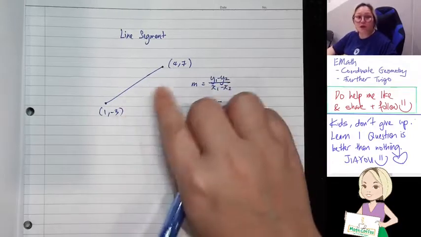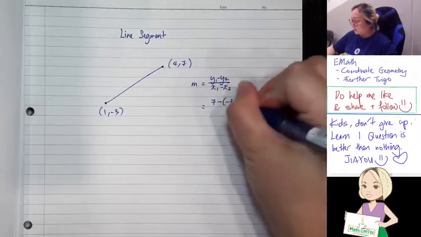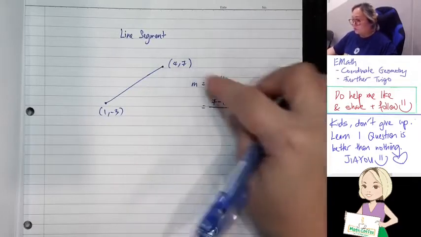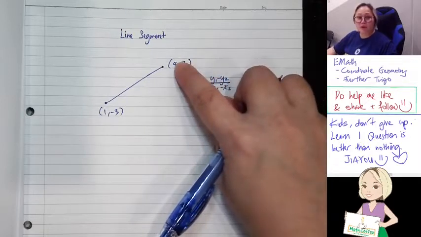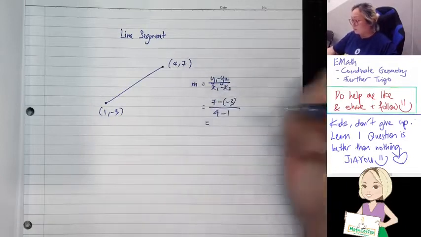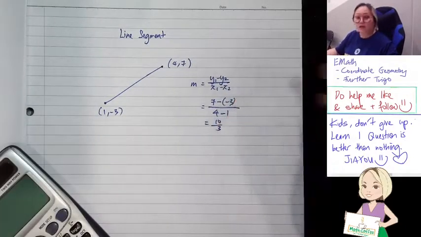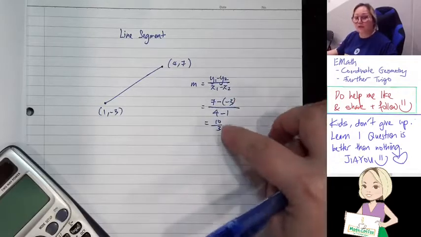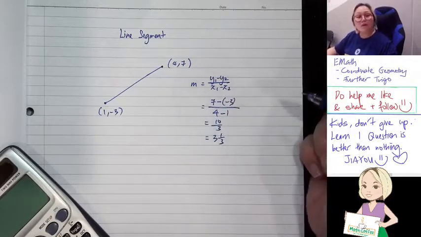Take note that your y2 is negative, so it's subtract -3. Then because I let 7 be y1, 4 has to be x1. So 4 minus 1. You will get 10 over 3. So this is the gradient. Usually we put it in mixed numbers, so it's 3 1/3.